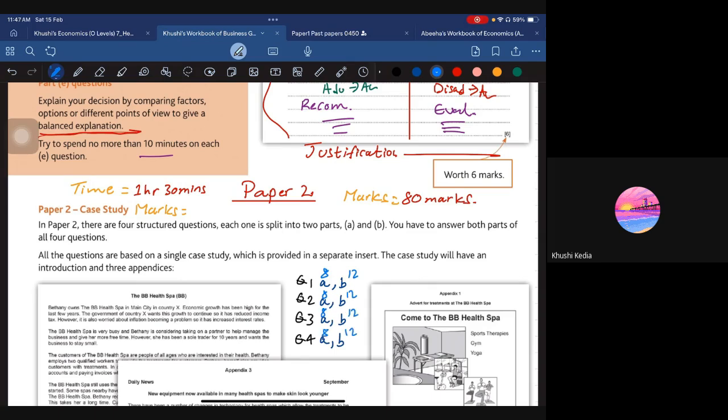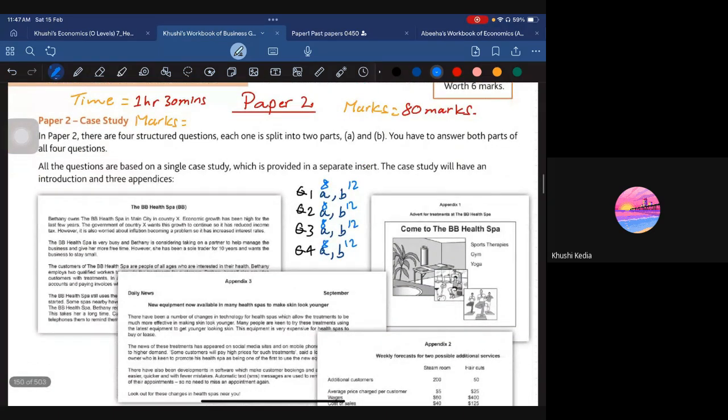The first thing you need to do in a paper two case study is read the case study first. This is the most important part, that you carefully read what the case study is all about. There is going to be a full case, plus three appendices.